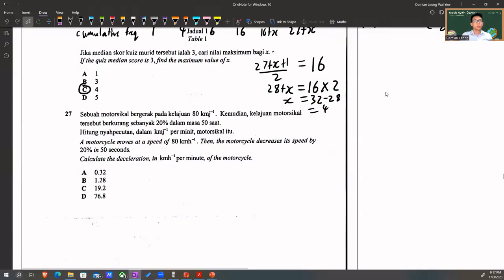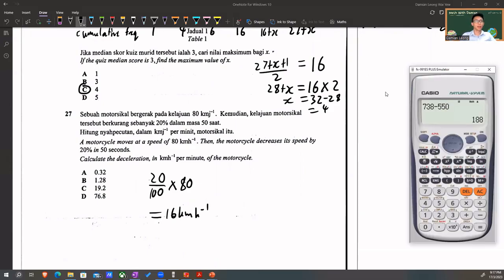Question 27, motorcycle moves at speed 80 km per hour, then decrease its speed by 20% in 50 seconds. Calculate deceleration. 20% of 80 km per hour is 16 km per hour.